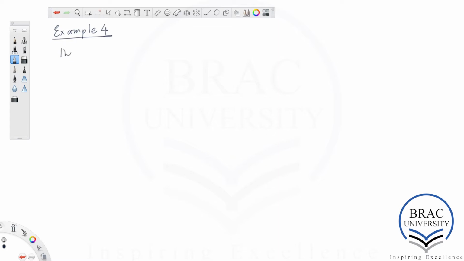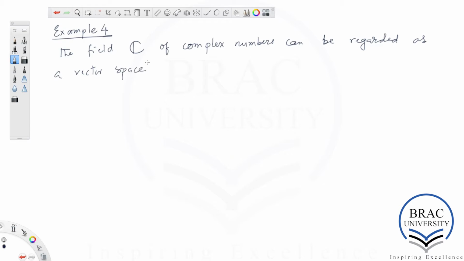Okay, the field bold-faced C of complex numbers can be regarded as a vector space over the field bold-faced R of real numbers. Okay, so it can be generalized further.